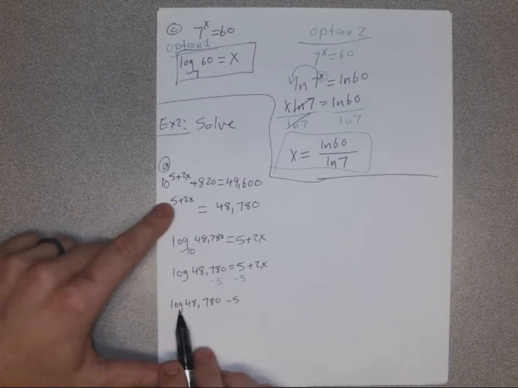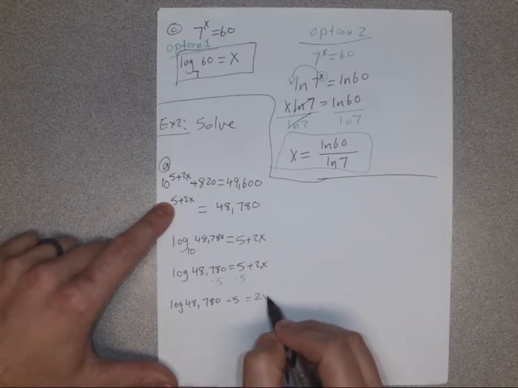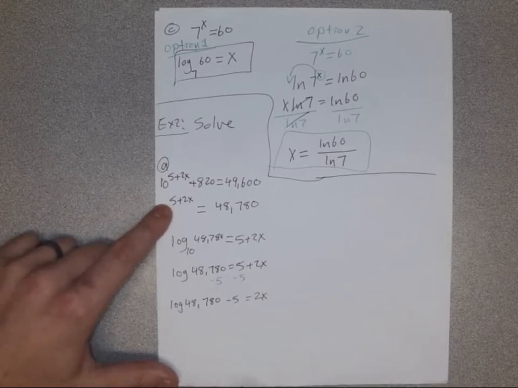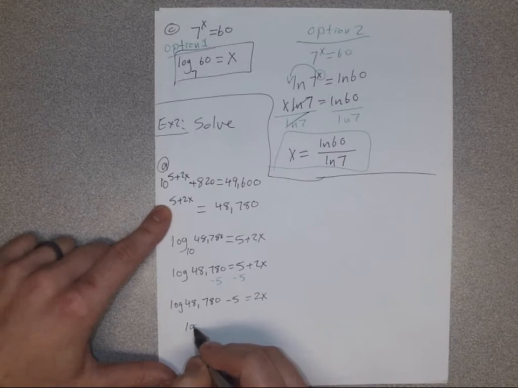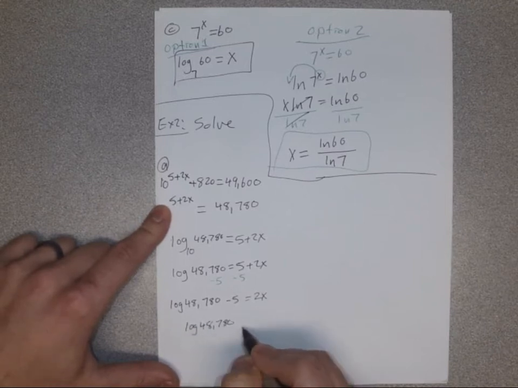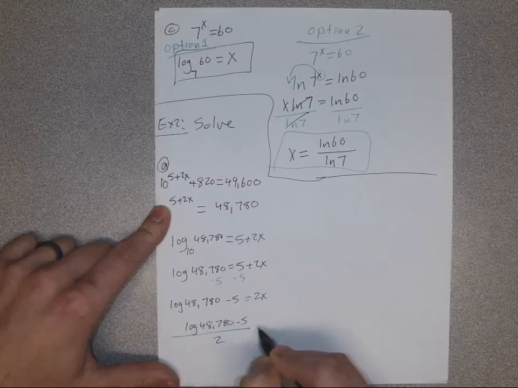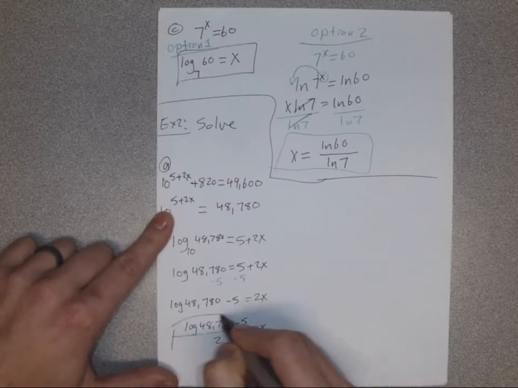It needs to be the log 48,780, then minus 5, and that's equal to 2x. And now divide both sides. Minus 5 all over 2, and that's equal to x.